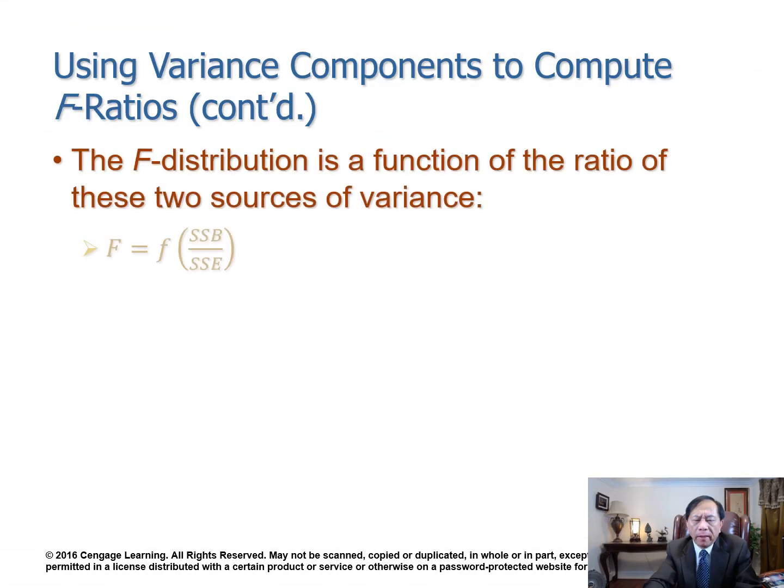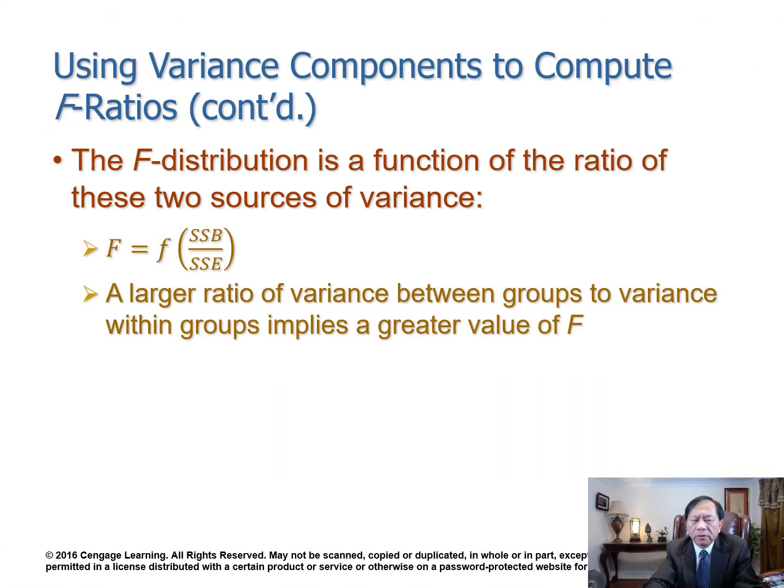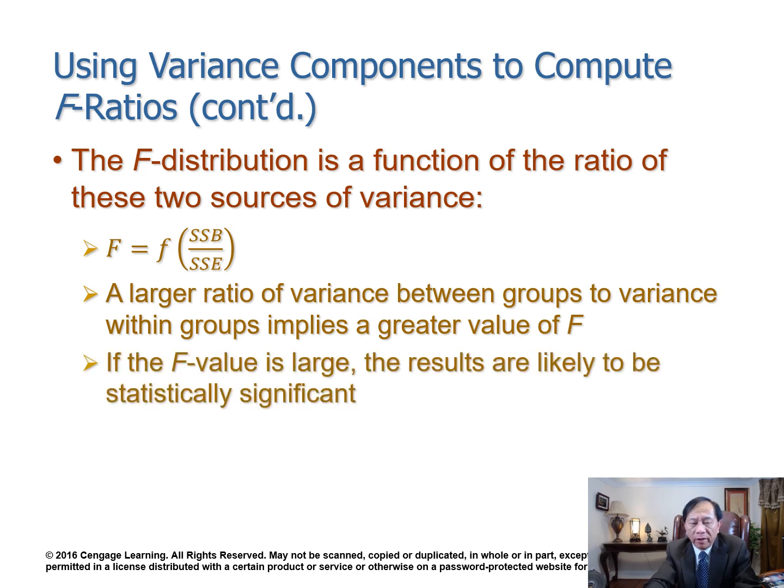The F distribution is a function of the ratio of these two, SSB over SSE. A larger ratio of variance between groups to variance within groups implies a greater value of F. If F is large, the results are likely to be statistically significant, meaning there is a difference among groups.